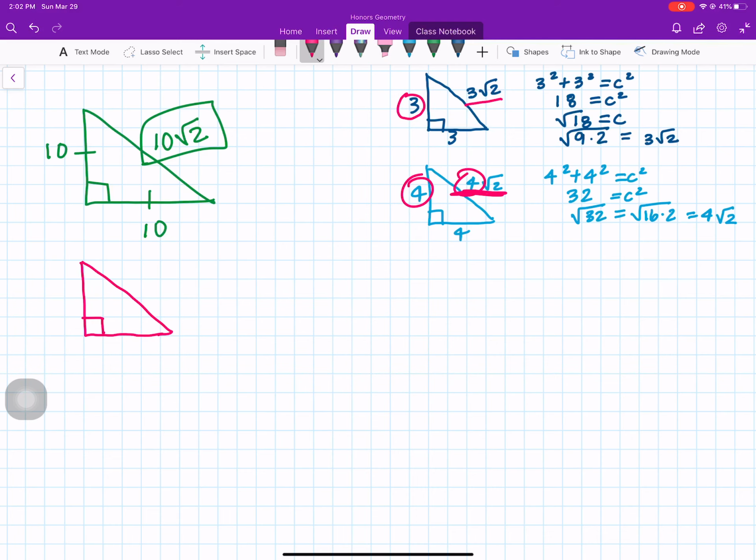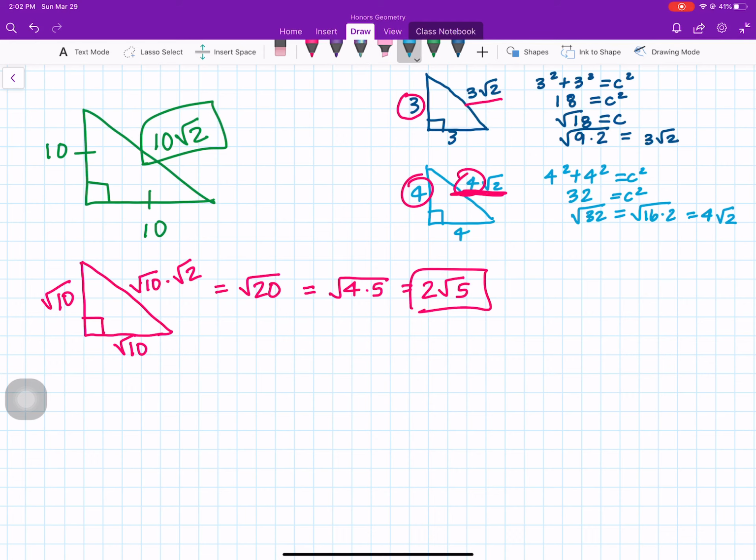So what if it was the square root of 10 and the square root of 10? Well, you can follow the same pattern. This would be the square root of 10 times the square root of 2, which is equal to the square root of 20. And again, you are good math students, and you're always going to reduce your radicals. So the hypotenuse is actually 2 root 5.